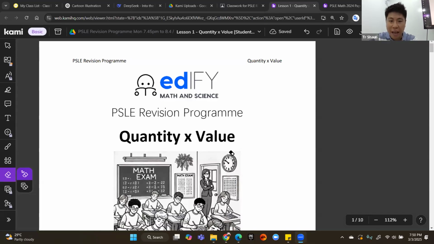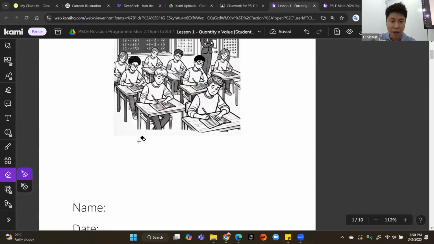You will see towards the end which are the years that this kind of question came out. If we can find a pattern, this question would most likely come out either this year or next year. So we want to make sure we know how to do this kind of question so that we will not get a shock. These questions usually are 4 marks each in paper two. All right, let's start.